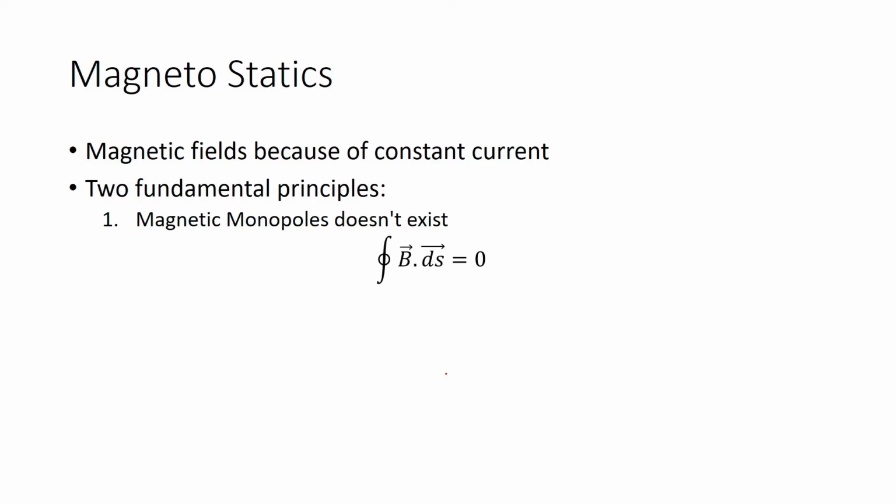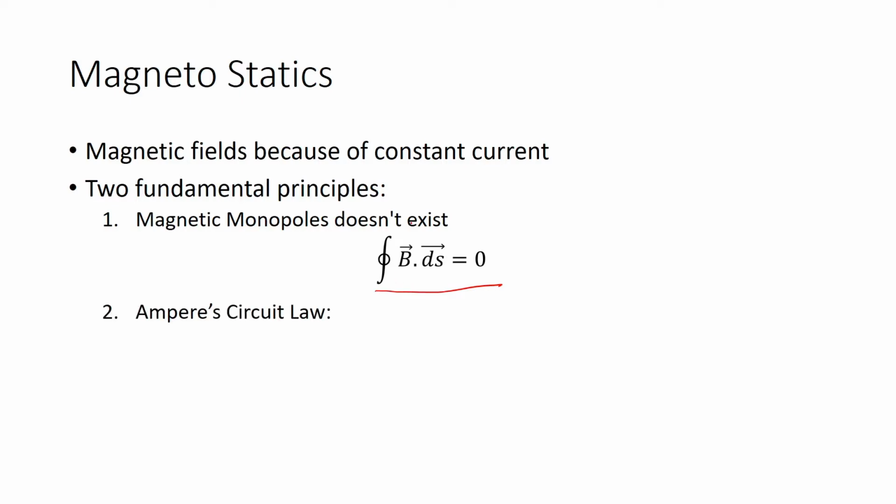Therefore, the number of magnetic flux lines leaving any closed surface is equal to 0. This is because there are no magnetic monopoles.